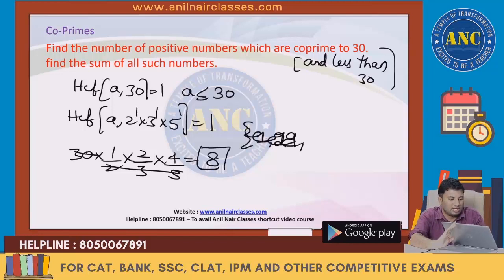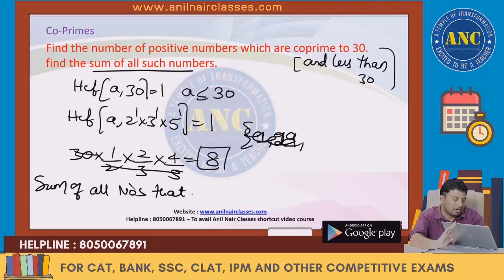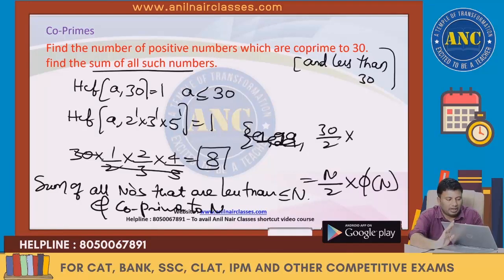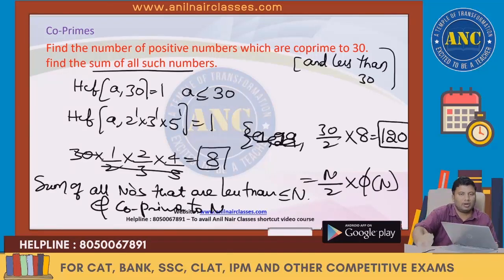Otherwise, the sum of all the numbers that are less than or equivalent to n and co-prime to n is given by n by 2 into phi of n. 30 by 2 into phi of 30, which is 8. Answer is 120.